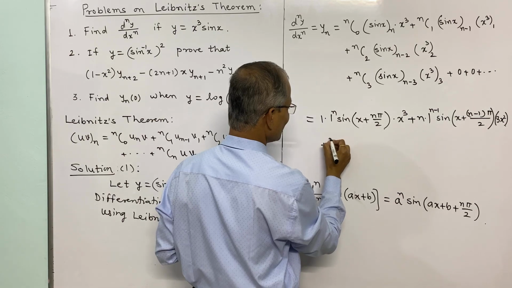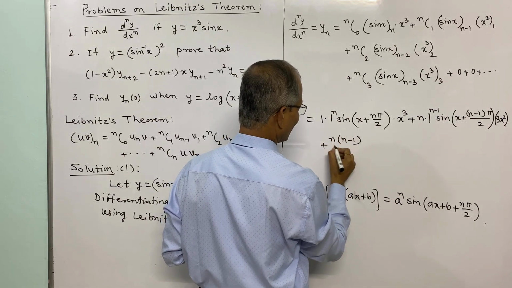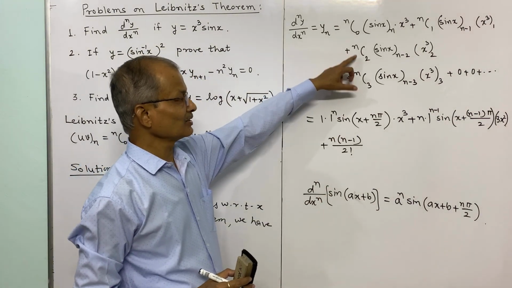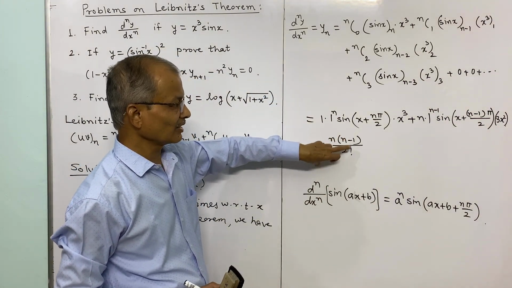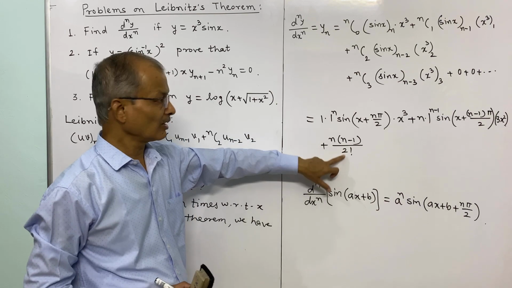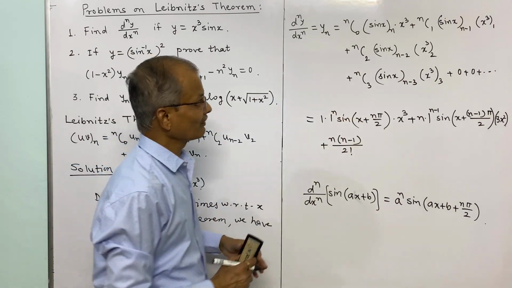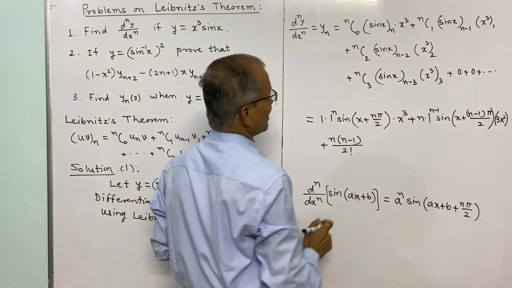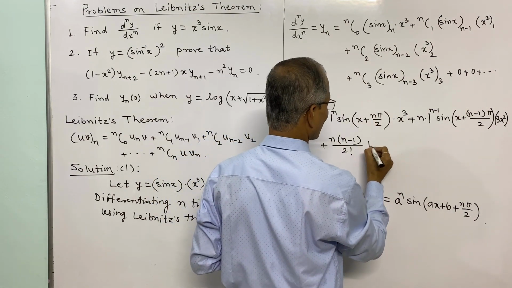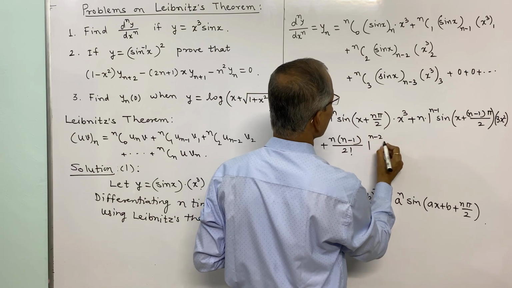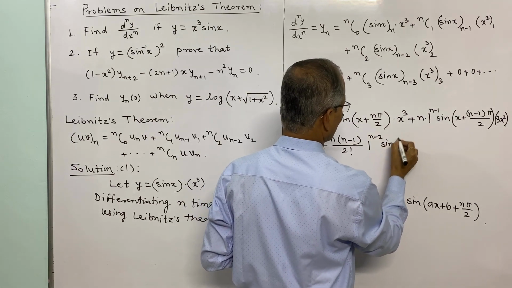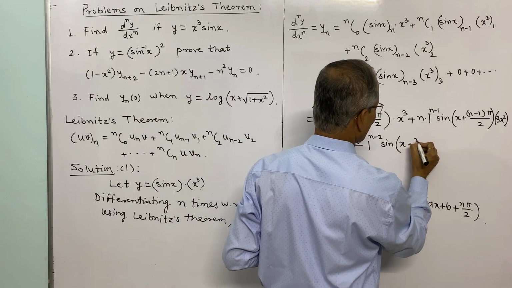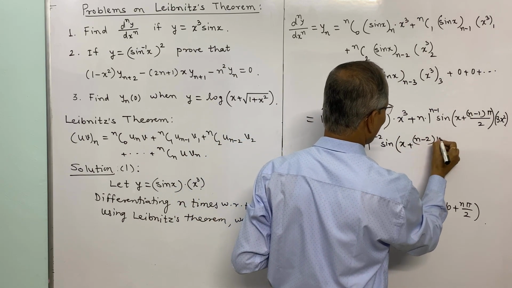What is nc2? We know the binomial coefficients will be like this, nc2 is n into n minus 1, 2 terms in decreasing order divided by 2 factorial. Likewise nc3 we can write further. So this is the n minus second derivative of sine, and that is again 1 to the power n minus 2 sine, using this formula, sine of x plus n minus 2 into pi by 2.